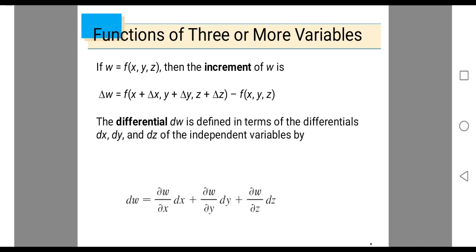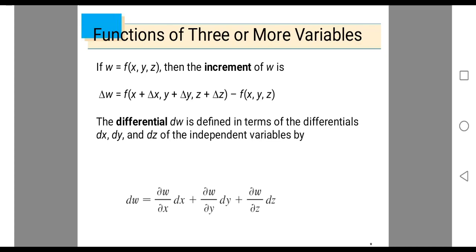Now we are talking about f of x, y, z. Then the increment of w is going to be f of x plus delta x, y plus delta y, z plus delta z, minus f of x, y, z, right? You remember we just added this into our previous equation. So that's how we find our increment of w.